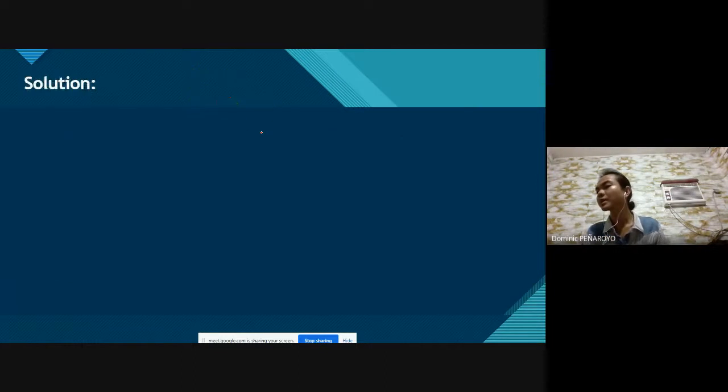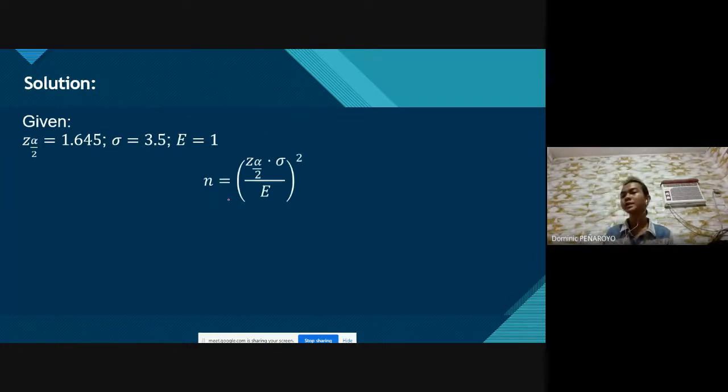So substitute lang natin again sa ating formula. Madali lang natin itong makukuha. So ito yung formula again: Z alpha over 2, that's 1.645, times sigma, that's 3.5, over E, or the margin of error, which is 1, squared. Don't forget the squared.